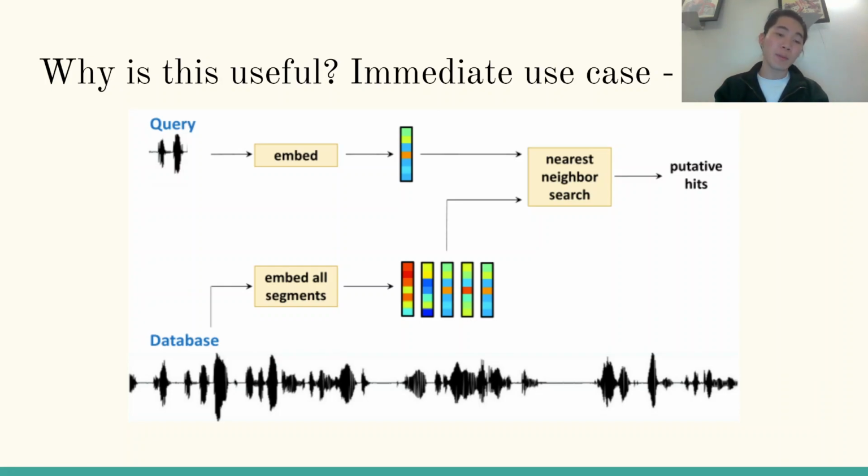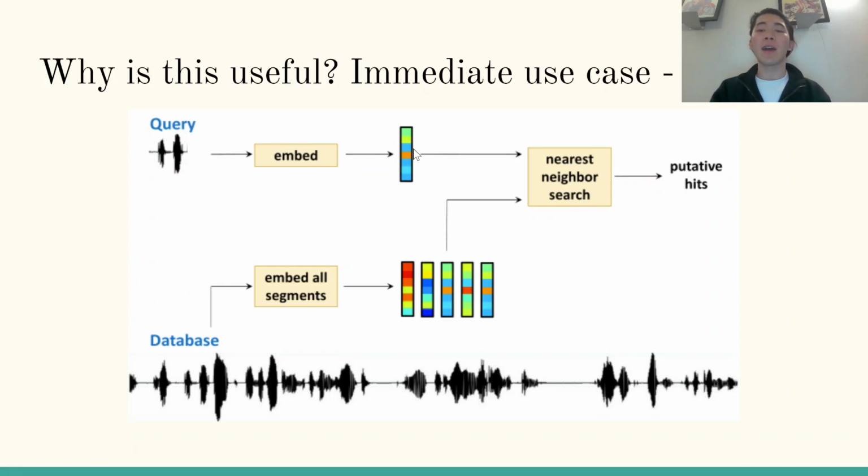Another reason why this is really, really useful, applying that concept of cosine similarity, is, let's say you want to do a voice search, right? So let's say you have a database which has different audio, and you give it an input with this audio query. I might say, hey, Alexa, play Despacito, right? Then I would have an encoder that would embed it into a vector or a hidden representation.